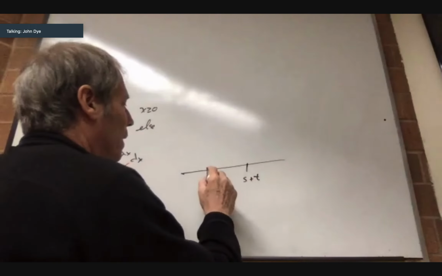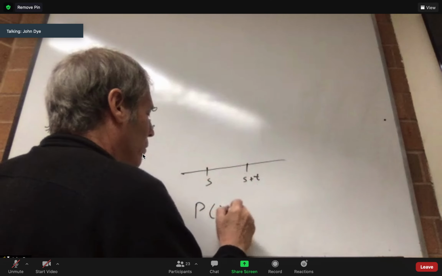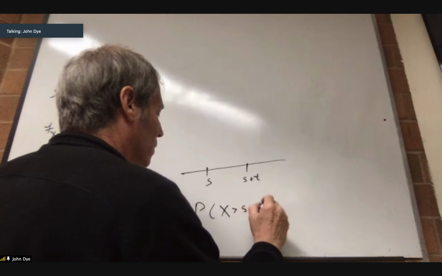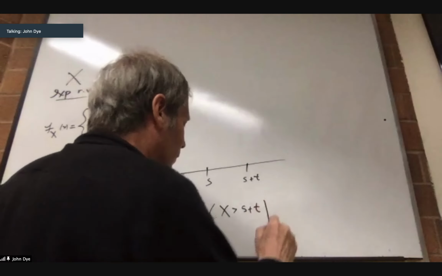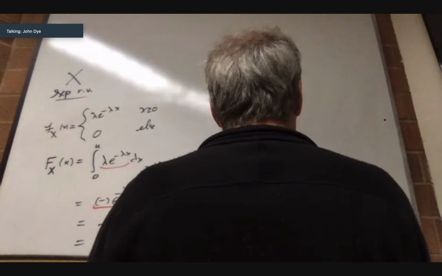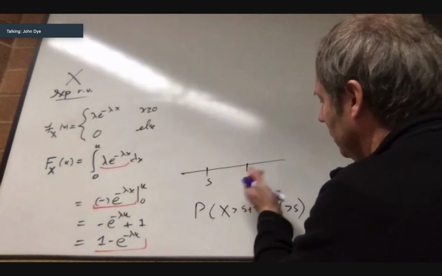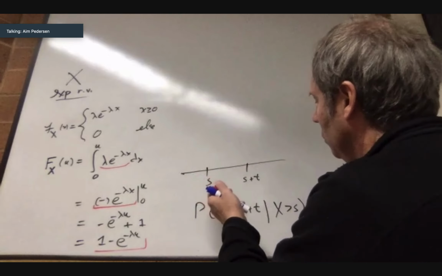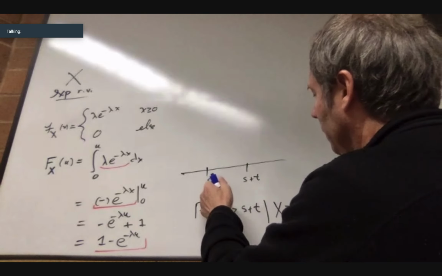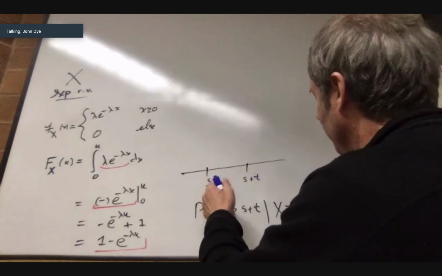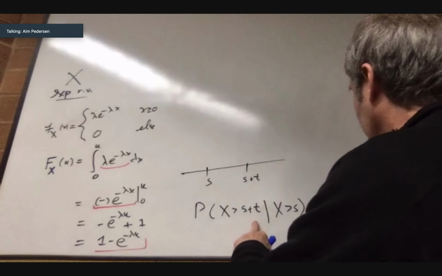So the probability that X is greater than S plus T, given that X is greater than S. You see, so you were saying, what's the probability that it is greater already than S plus T. Given that, okay, so what's the given? You've already got this, so given that, this is equal to the probability of what? X is greater than T.